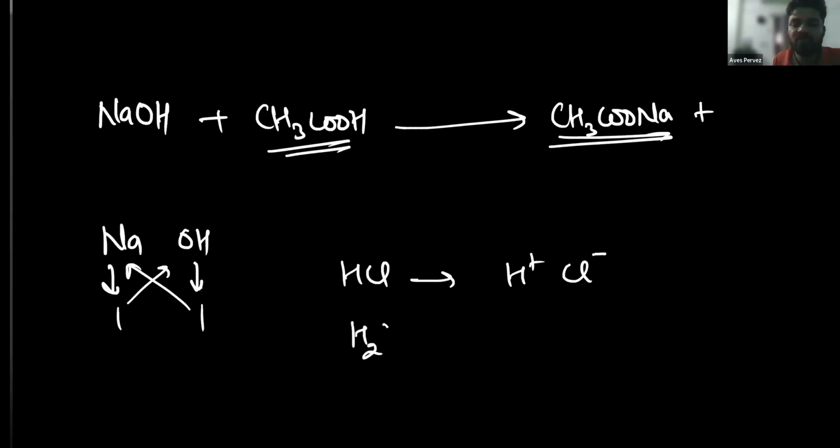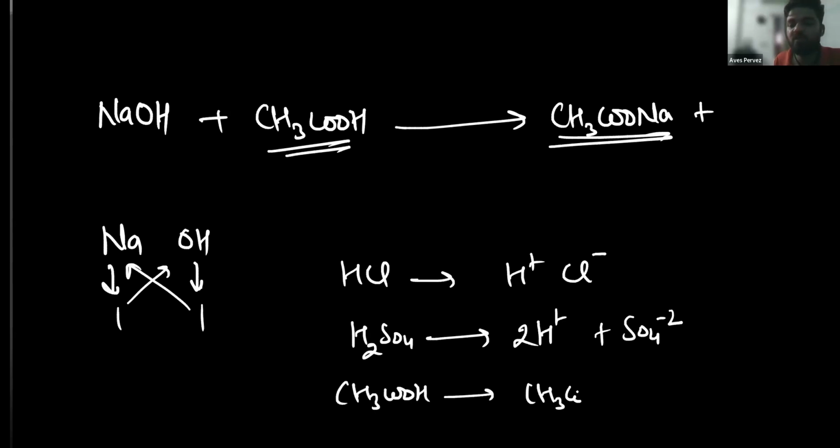When H2SO4 dissociates, it gives 2H positive ions and SO4 minus 2 ion. But when CH3COOH dissociates, it gives CH3COO minus and H positive ion. This minus reacts with the positively charged Na. If you don't get this one, let it be. We'll discuss this later.